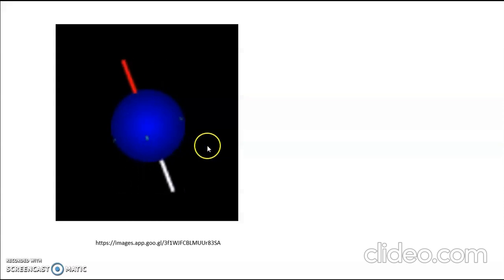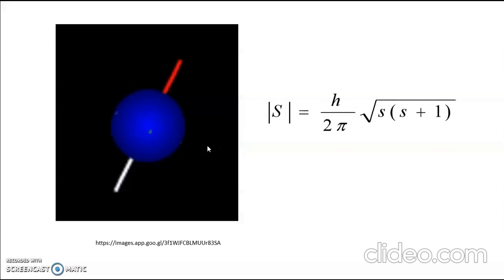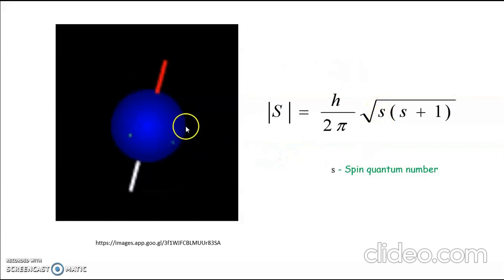And the magnitude of this spin angular momentum, I am giving the modulus, since I am not bothered about the sign, is equal to h by 2 pi root of s into s plus 1, where s is the spin quantum number. It is this rotation, according to quantum mechanics, that is quantized.